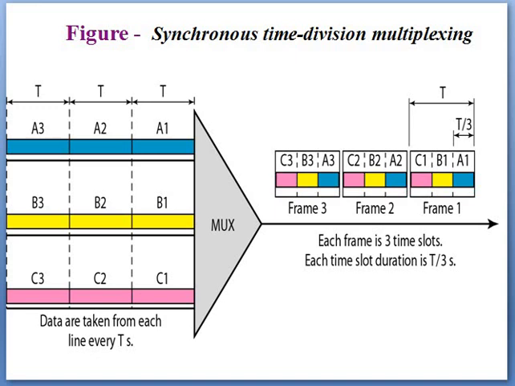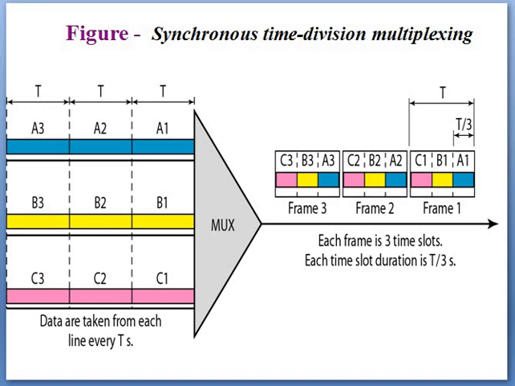Here, from 3 sources, time is divided into T seconds. The duration of a unit on a connection is 3 times that of the time slot, that is, the duration of a unit on the link.